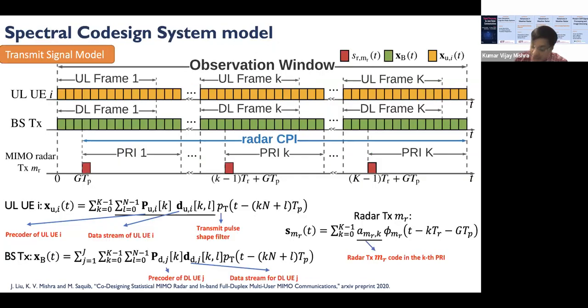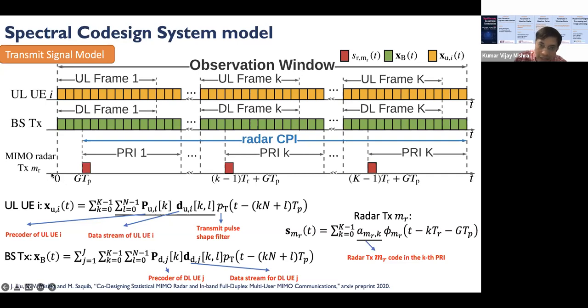So this is the transmit signal model. Don't worry about the different indices. Let me give a brief idea about this. In the transmission, obviously the radar is not going to transmit at the same time as these communications frames. So we assume some basic unit: we say the pulse width of the radar is equal to the symbol interval for communications.